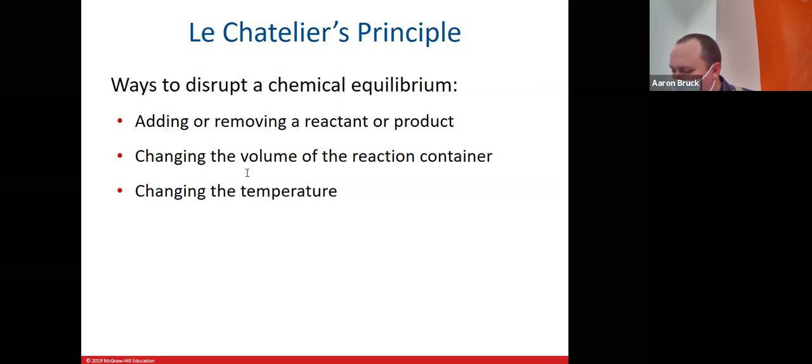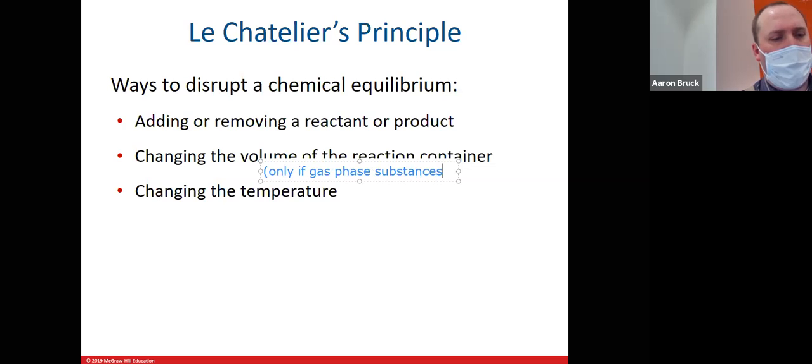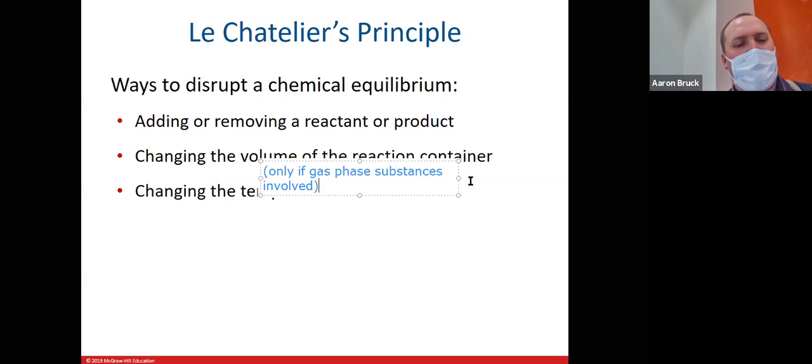If I change the volume of the reaction container, that would have an impact as well, if one of my reactants or products was in the gas phase.